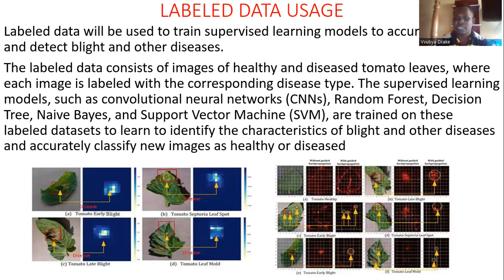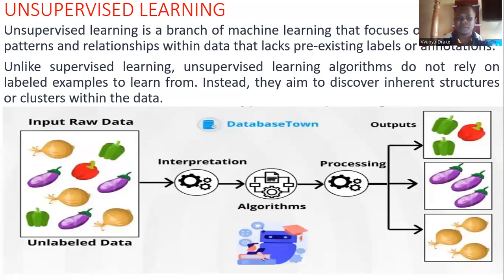Labeled data, as you know, we have to use labeled data. That is, we can use a picture of an affected leaf and a picture of a healthy leaf to train these supervised models. Then with unsupervised, I've already said, we use unlabeled data.